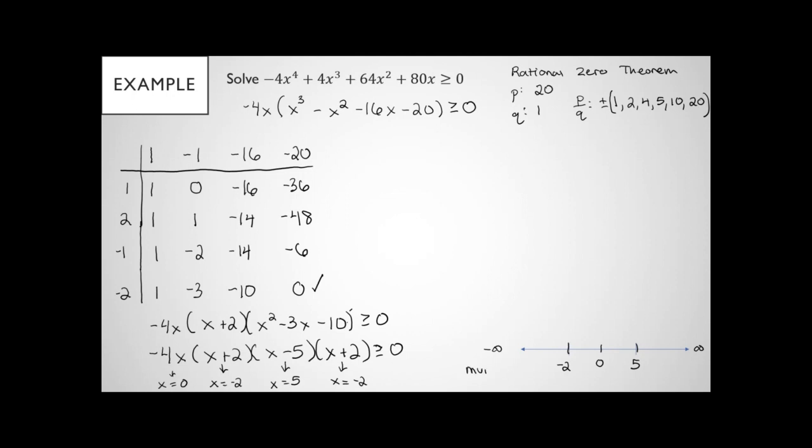And we're looking for the multiplication here. And then I'm going to put in my factors, negative 4x, x plus 2, x minus 5, x plus 2. So we've got 4 factors here. And again, we're going to just count if we have an even or odd number of negative signs to determine what the multiplication is going to look like.